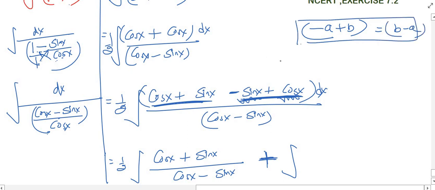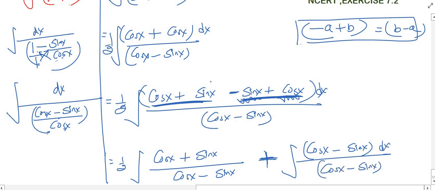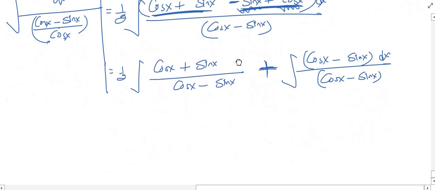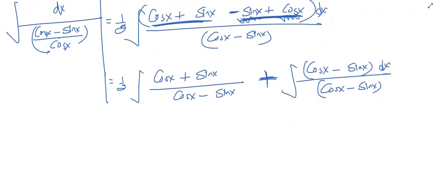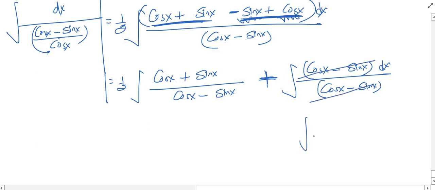So I am writing cos x minus sin x by cos x minus sin x dx. Perfect. What else? If you see carefully, these two are cancelling. So this work is easily done. 1, and the integration of 1 is x only. So this is done.